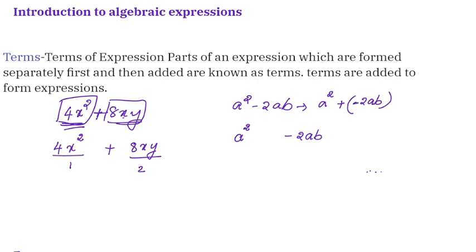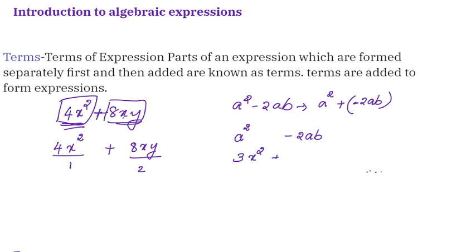So the terms or parts of the expression will be connected with addition. So if it is a negative symbol, we can write it as a square plus minus 2ab. Understood? Okay.